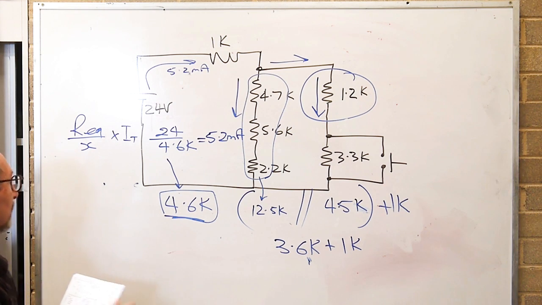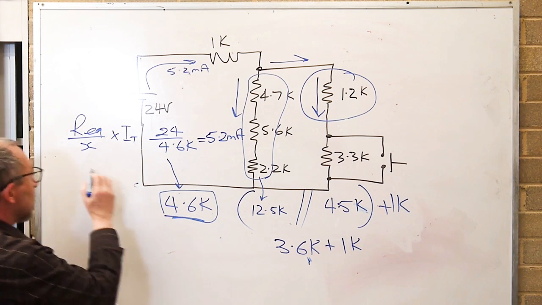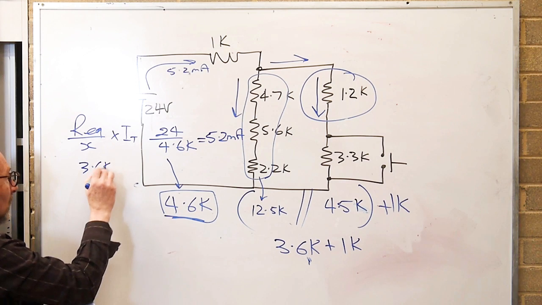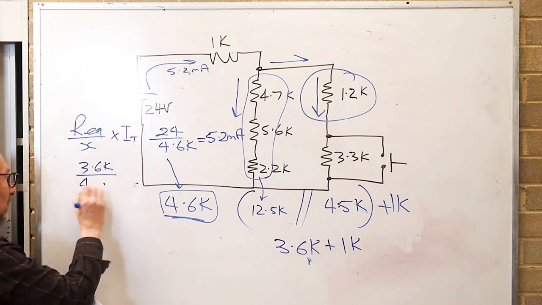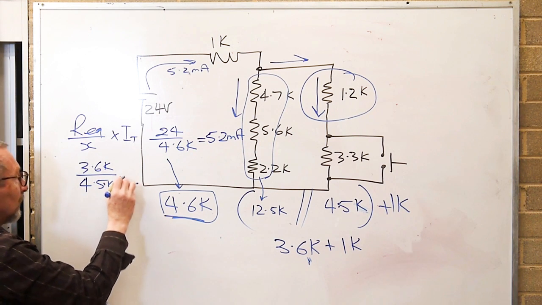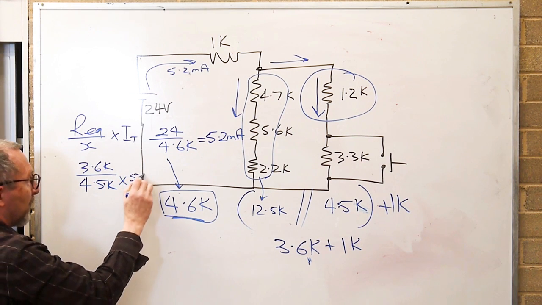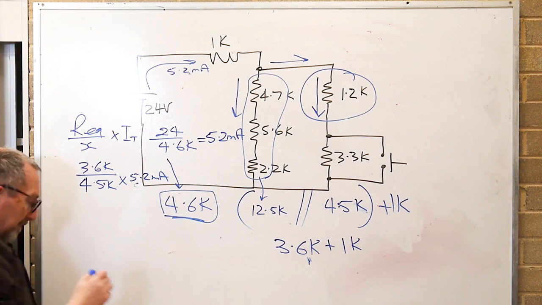We need the REQ, which is 3.6K, divided by the 4.5K, times 5.2 milliamps.